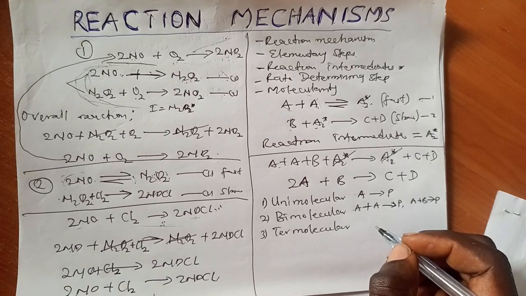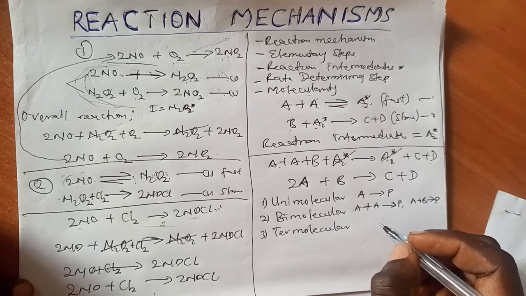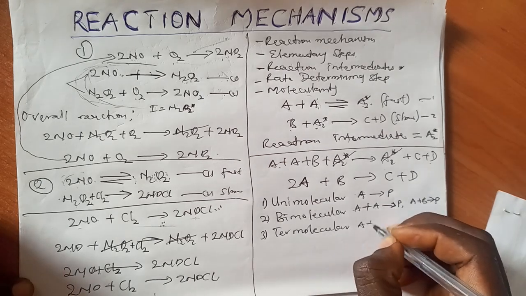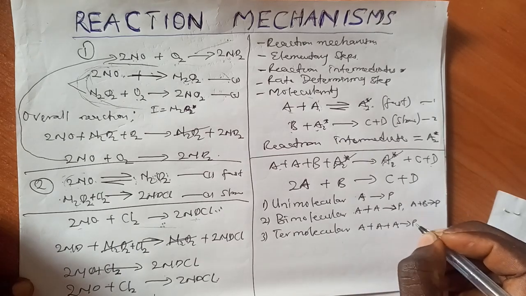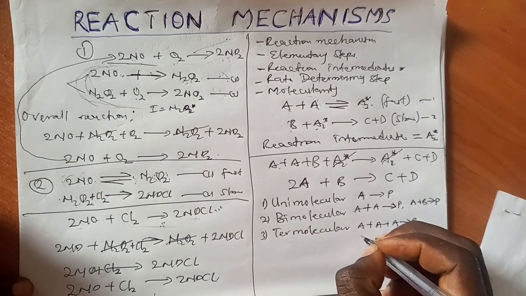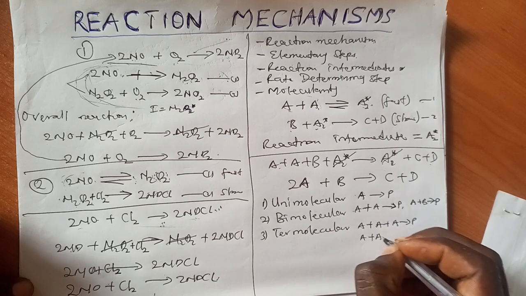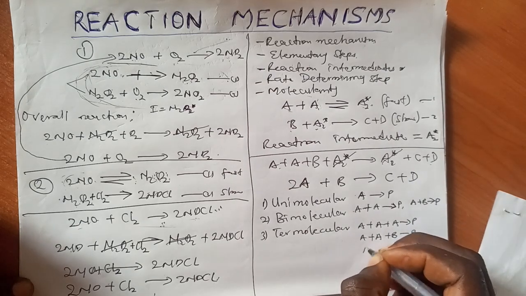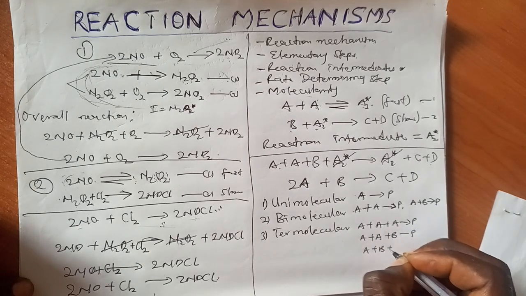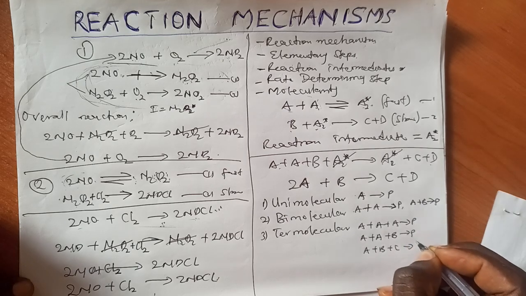In that case, you can have three types. For example, you have three of the same molecules giving you product P. You can have two that are the same, but the third participant is different. Then you can have all three different, A plus B plus C, to give you P.